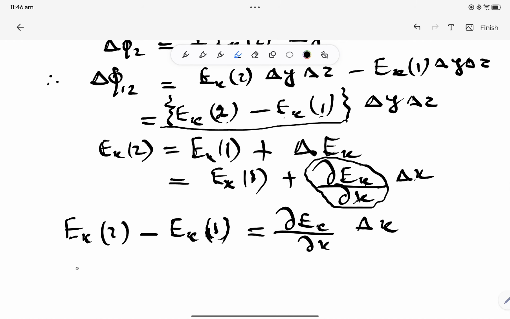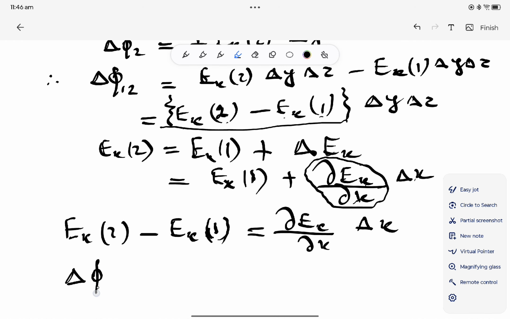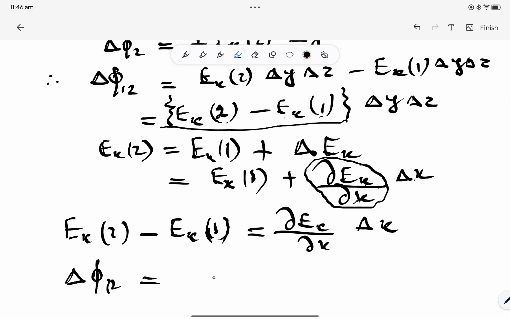So delta phi 1 2 will be equal to del Ex by del X, this much, into delta y, delta z.